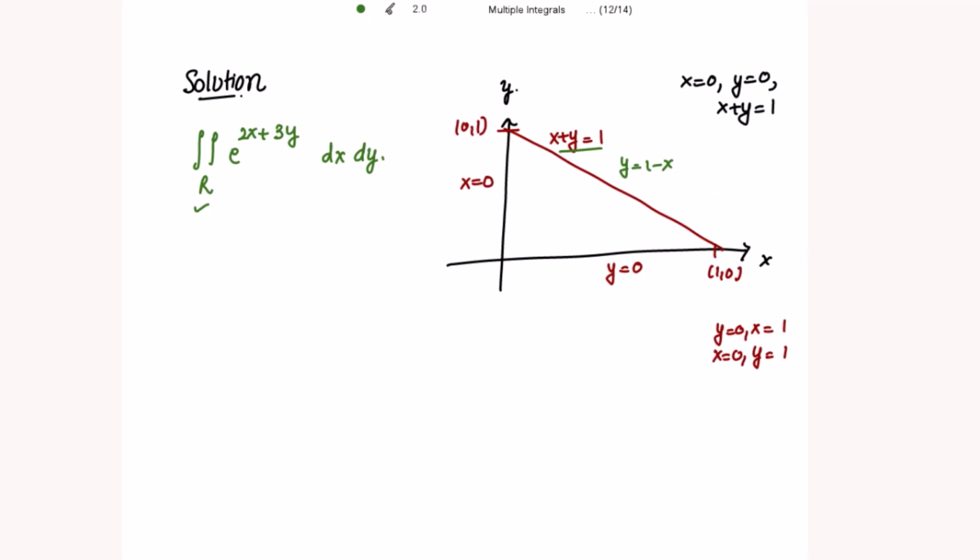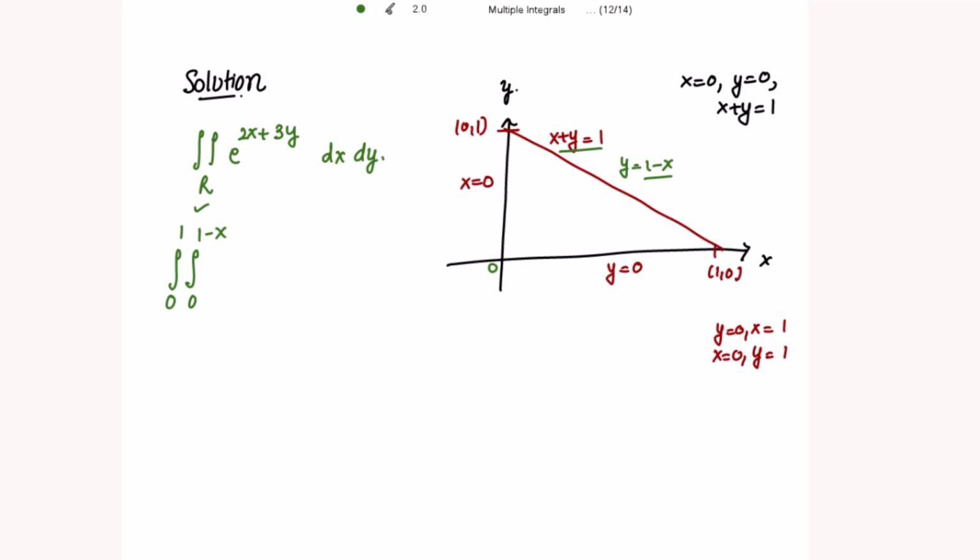So which means my one value of y is in terms of x and the other is y equal to 0. The lower limit will be y equal to 0. And what about the limits for x? X equal to 0 and the upper limit will be x reaching 1.